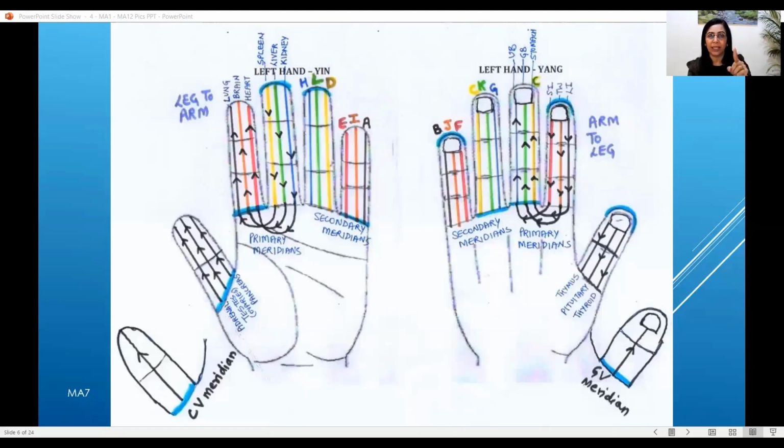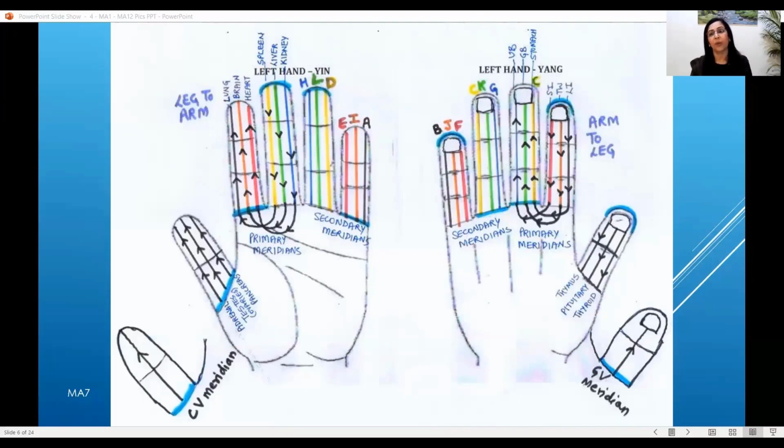The energy is entering in the yellow meridian, going down and going into the arm, into the lung meridian, which corresponds to the leftmost meridian on the middle finger. Similarly, the liver meridian is going down and connecting into the arm part to the brain meridian. And the kidney meridian is connecting to the heart meridian.